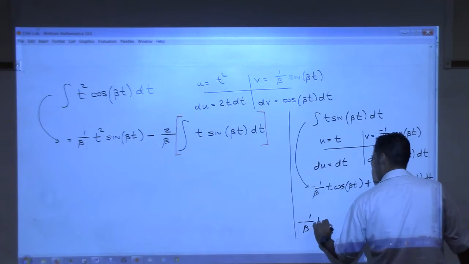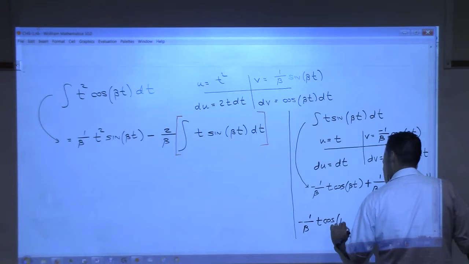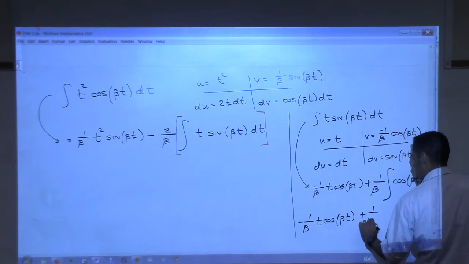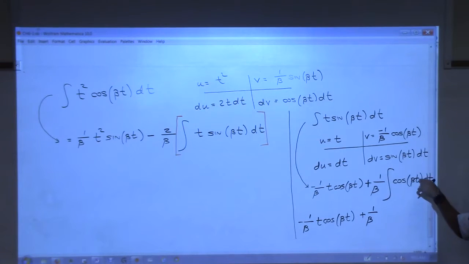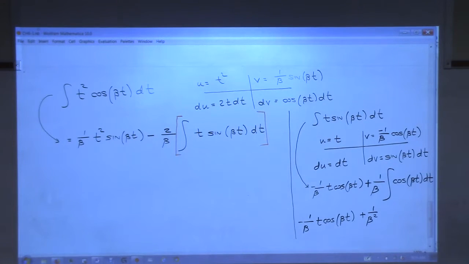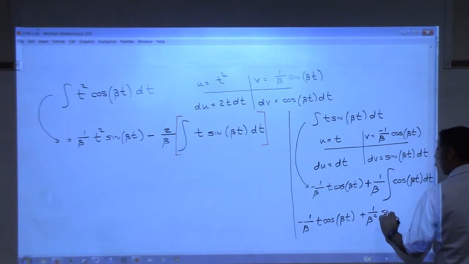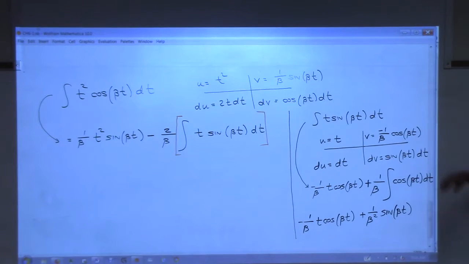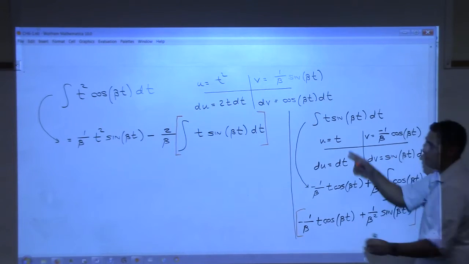So negative 1 over beta t cosine beta t plus, I have this 1 over beta, and then this one gives me another 1 over beta, right? So 1 over beta squared sine of beta t, right? And then plus c, but I'll throw my plus c in later. So this right here is it. This is the part in orange that needs to get pushed back in there.